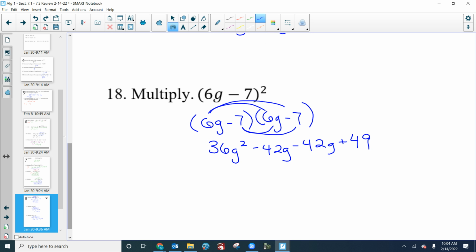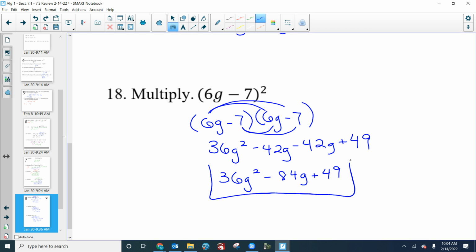Combine the center terms. And you notice we're writing these in standard form every time. Questions on that one? Am I going too fast? I'll make sure you guys are getting these down.